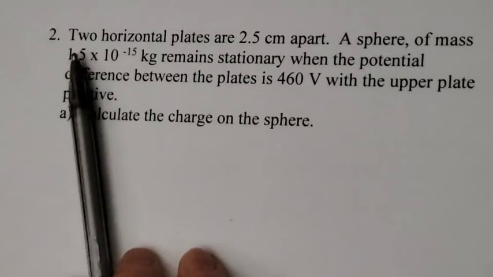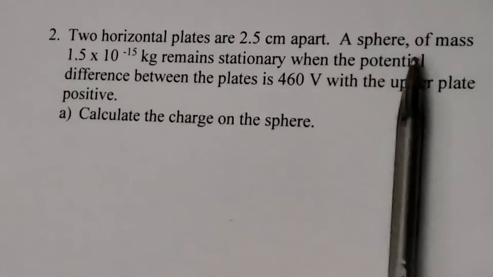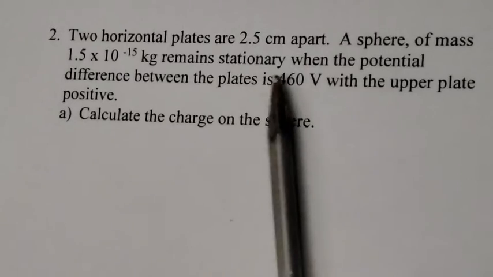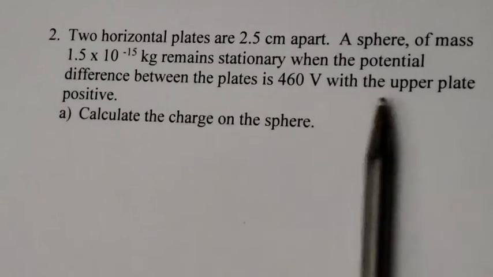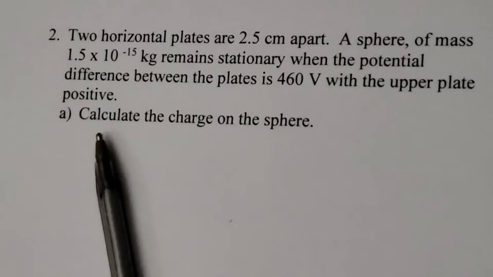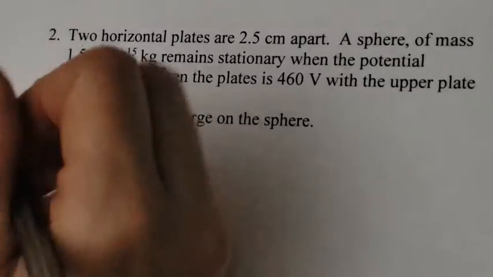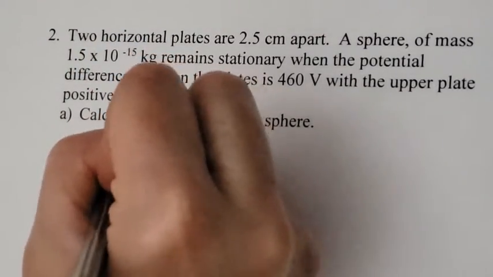Example number 2. Two horizontal plates are 2.5 centimeters apart. A sphere of mass 1.5 times 10 to the negative 15 kilograms remains stationary when the potential difference between the plates is 460 volts, with the upper plate being positive. Calculate the charge on the sphere. So I know what r is. r right off the bat is 2.5 centimeters.